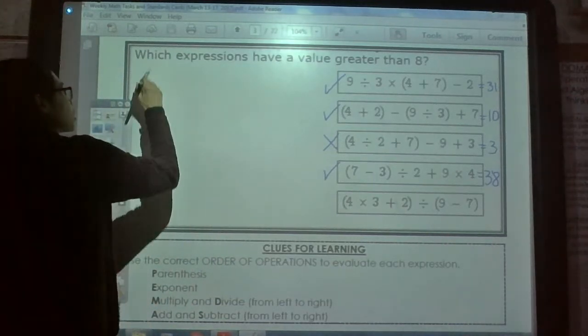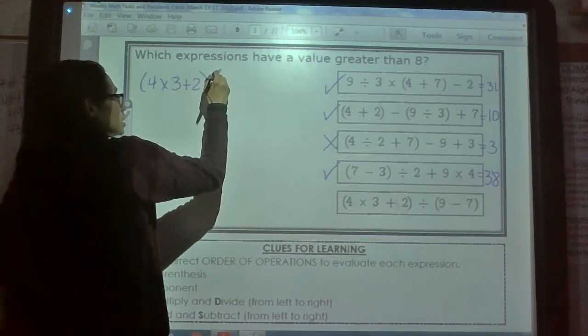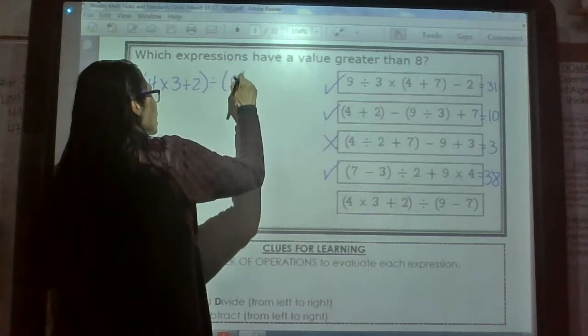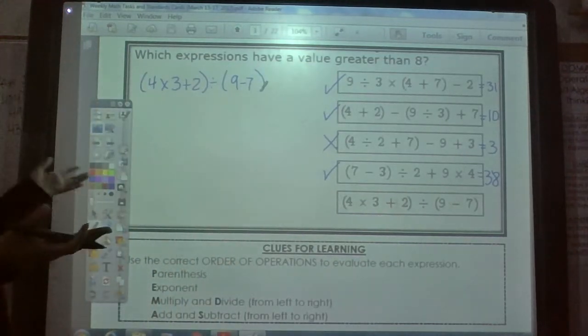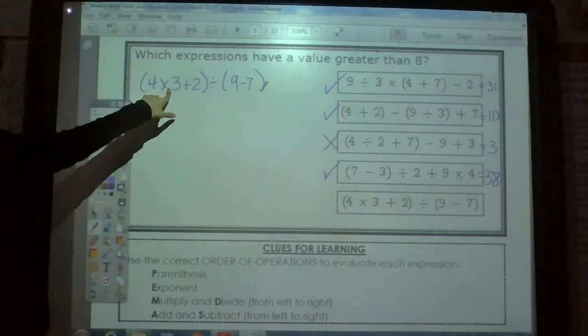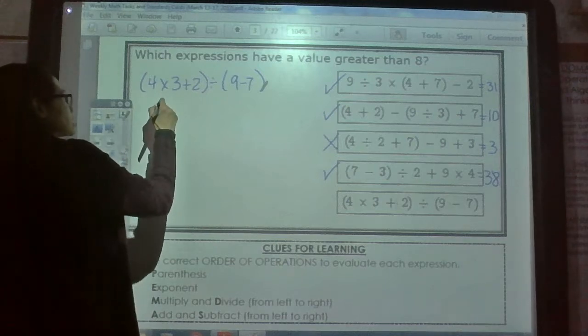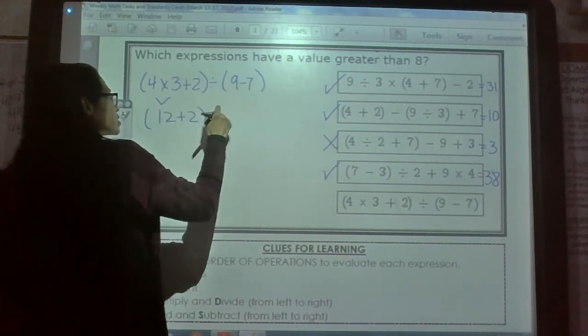Write that one down. Parentheses 4 times 3 plus 2, divided by 9 minus 7. Okay. So we're going to do what's in the parentheses first. Which one? Right here. Multiply. We're going to multiply this 4 times 3, which is a 12, plus 2. Remember, that's still in parentheses.